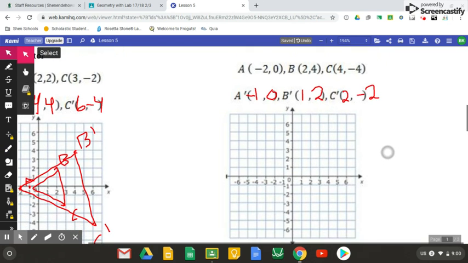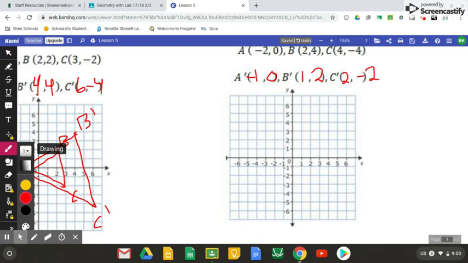So now let's plot these points. So I got -2, 0 right here. That's A. B's at 2, 4. C's at 4, -4. So here's my original shape, that triangle. A prime's right there at -1, 0.